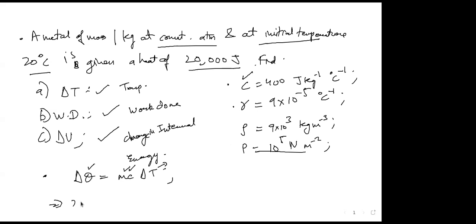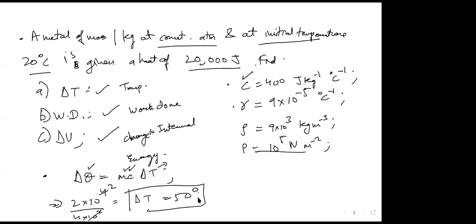So you have 2 into 10 to the power 4 divided by mass 1, heat capacity 4 into 10 to the power 2, and delta T. This becomes 200 divided by 4, which is 50. So change in temperature is 50 degrees Celsius. So the temperature goes up to 70 degrees Celsius.